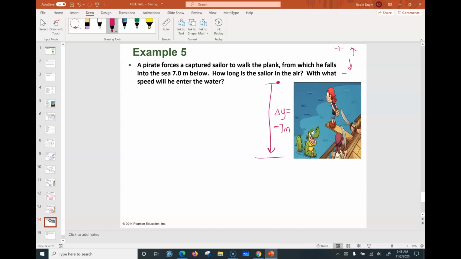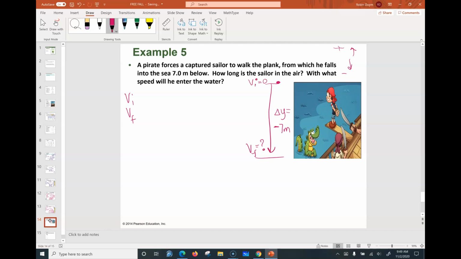He's walking right off the plank, so his initial velocity is going to be 0. It's not like they threw him down. And then his final velocity we're looking for, and it's right before he hits the water. So, once you get a grasp on what you're doing, make a little sketch.